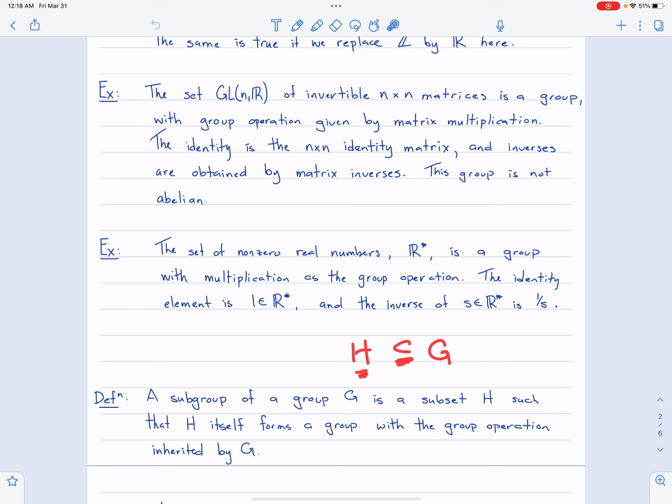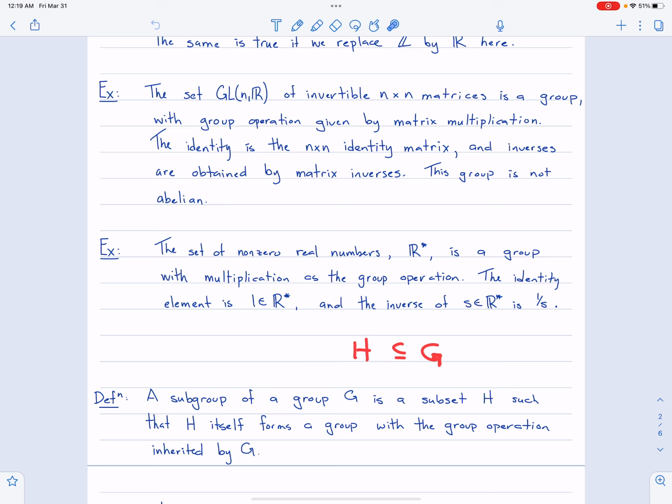Of course, because the group operations in G satisfy those nice 3 properties, they will in general satisfy the same properties in H, except, for example, if you don't pick H carefully, if H doesn't have the identity from G, then H is not going to be a group. Or for example, if H has some elements but it doesn't contain their inverses, then it's not going to be a group.